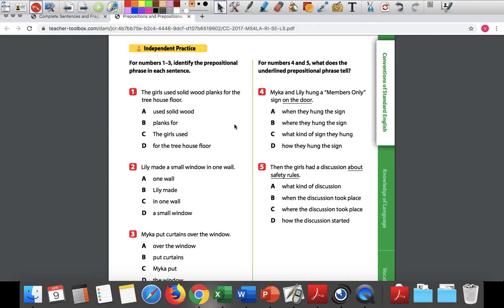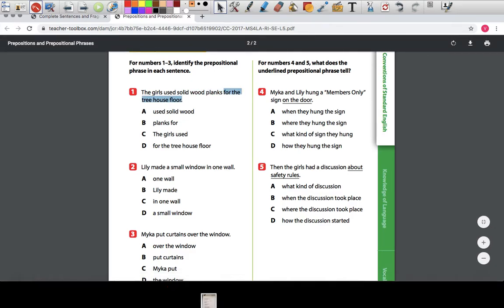We're just simply looking for the prepositional phrase. So number 1, the girls used solid wood planks for the treehouse floor. Well, I know that for is a preposition. So remember, for a prepositional phrase, you have to include the preposition and the object. So it would be for the treehouse floor, which would be letter D.